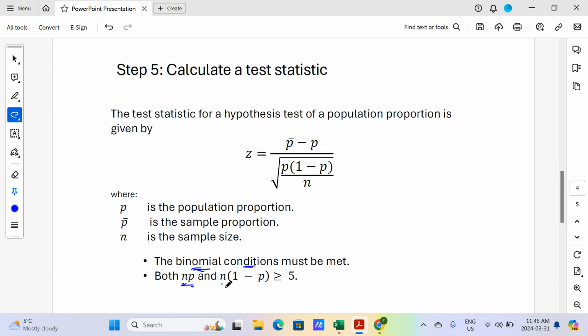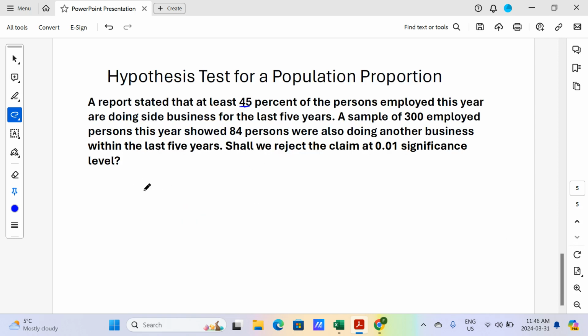Also, I need to check if np and n times 1 minus p are at least 5. N is 300. P, the population proportion: we have a population of persons employed this year, and 45% of them are doing side business for the last 5 years.